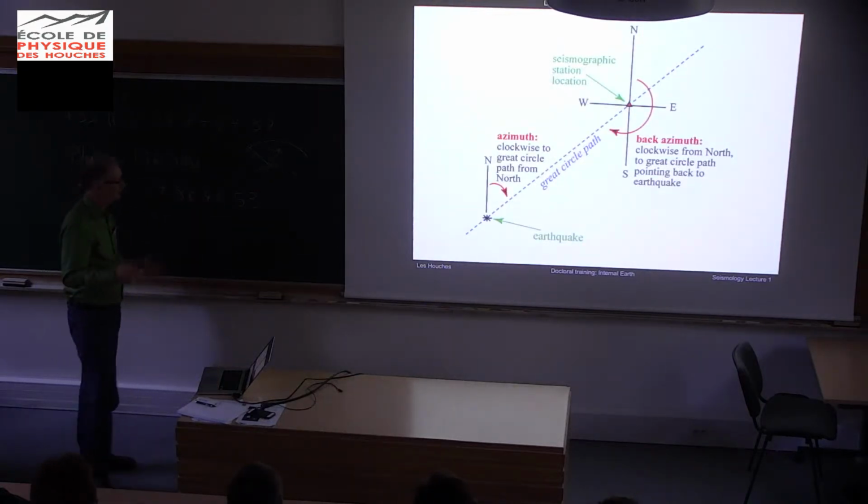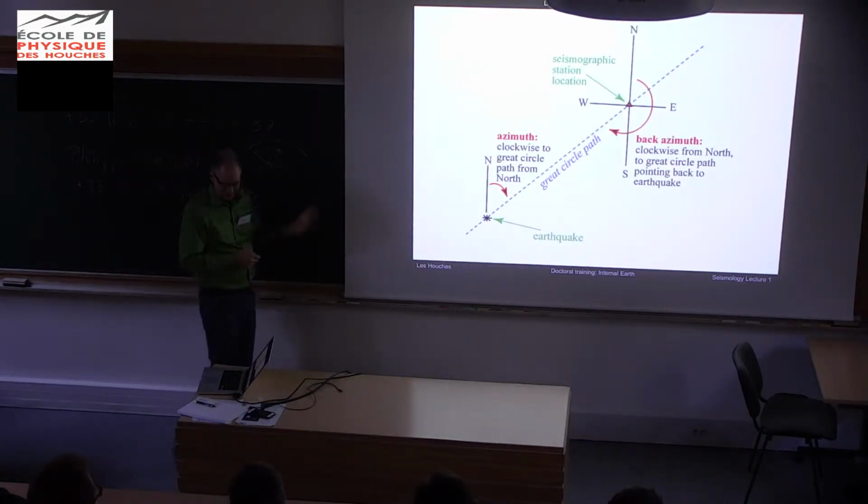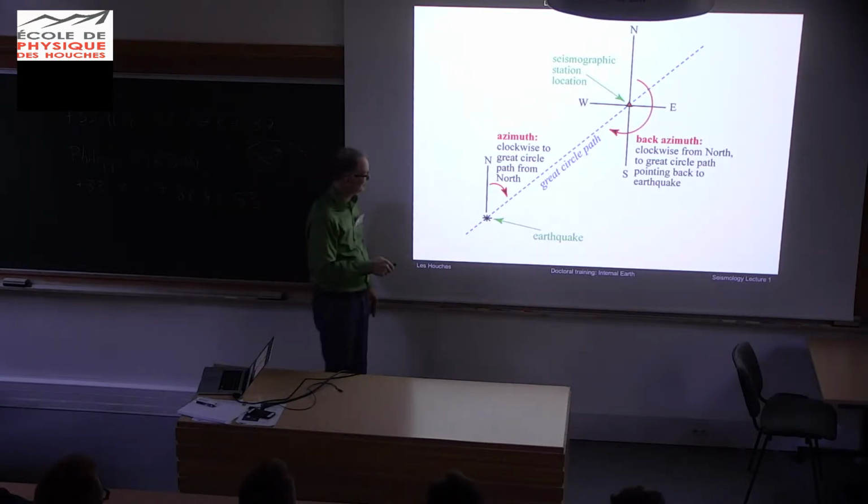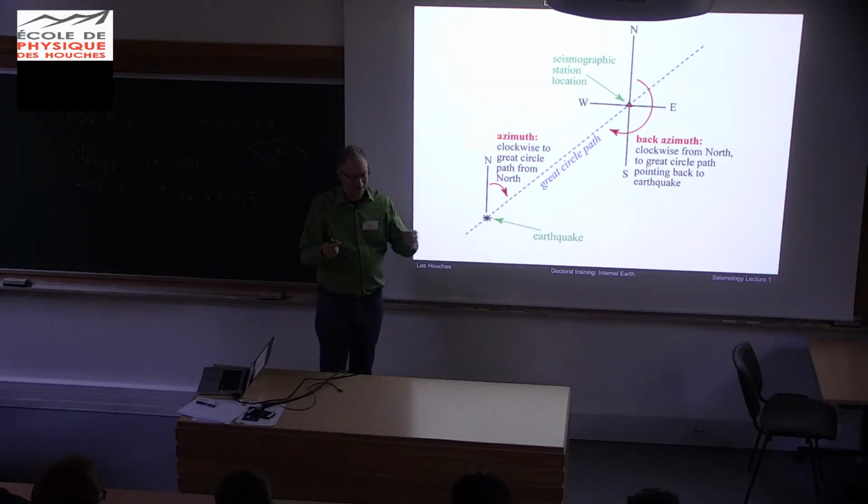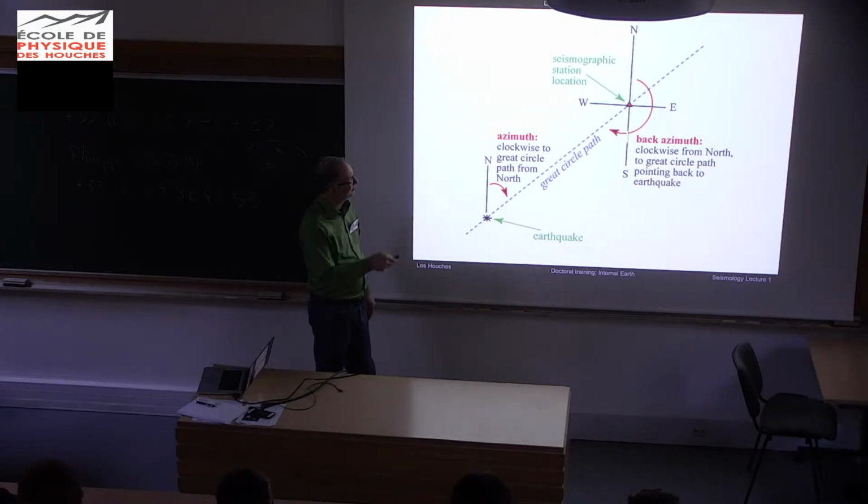So back to this geometry thing, and maybe this is too much detail. I'll try not to torture you too much, but we have an earthquake. Now imagine we're looking at the surface. We have this great circle path. I say great circle because it's the path that includes the center of the planet, which is different from a small circle. And then we have our north, south, east, west stuff.